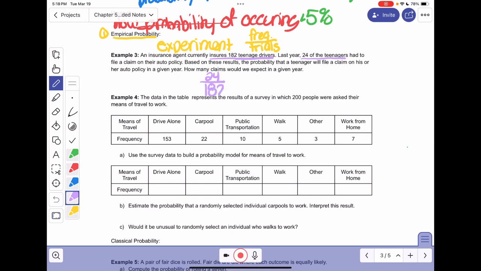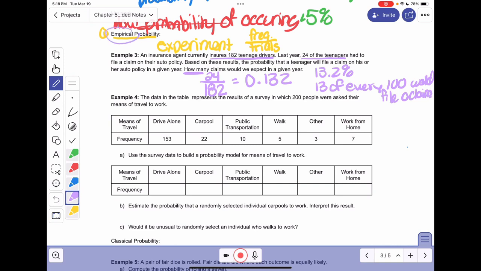Our trial is the total number of teenagers. And if you do that division out, 24 divided by 182, you get 0.132. That means we have a probability of 13.2% of our people getting in accidents. And to put that in terms of how many, it's 13 of every 100 would file a claim. That's what we would expect.